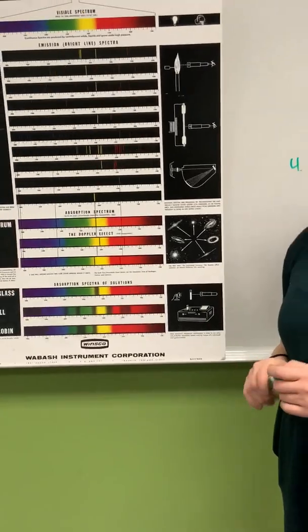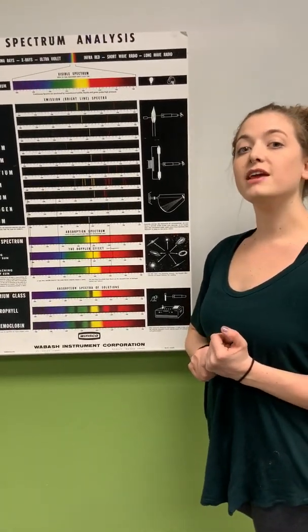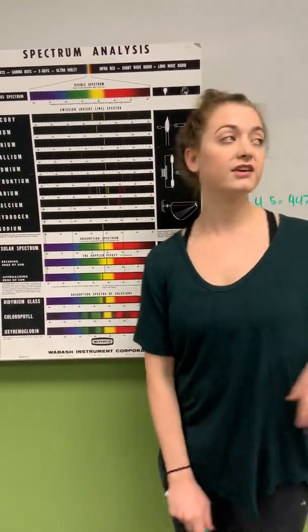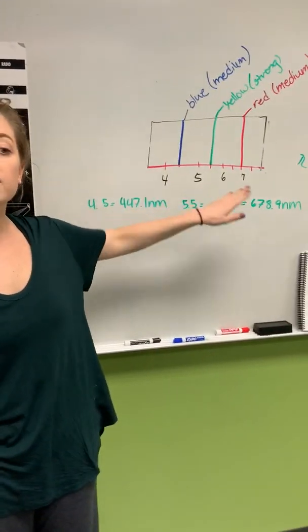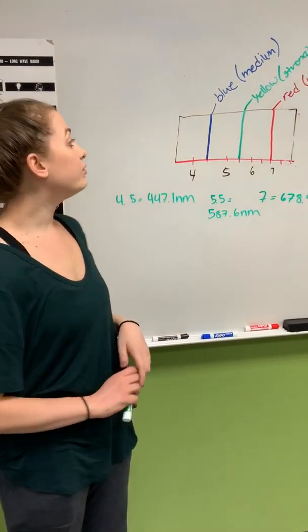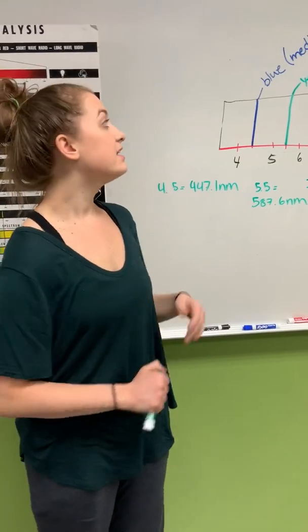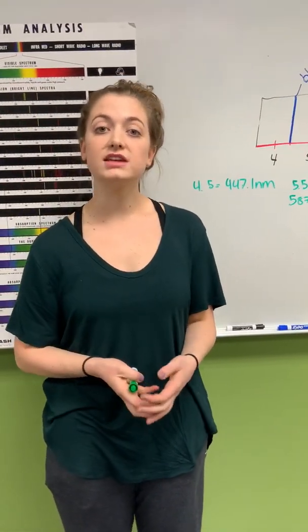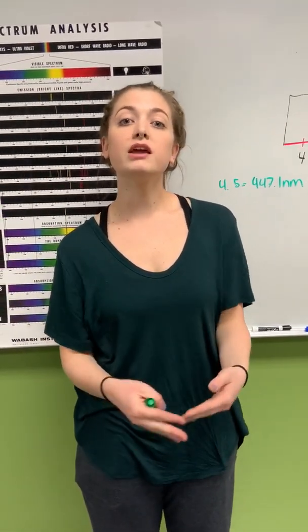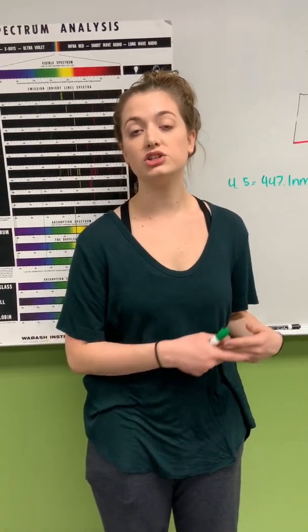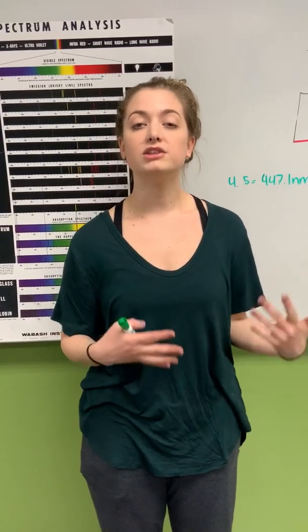When you look at your unknown, you will then compare the observations that you're given for that unknown to the observations that were given to you for strontium and for lithium, and that will give you a way to figure out what your unknown actually was.